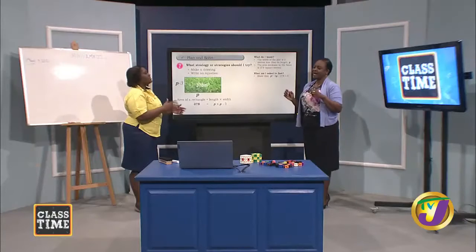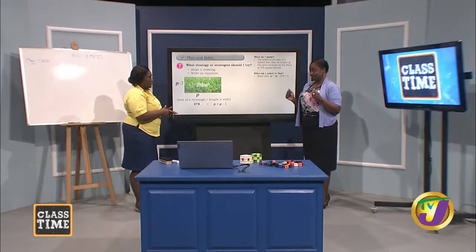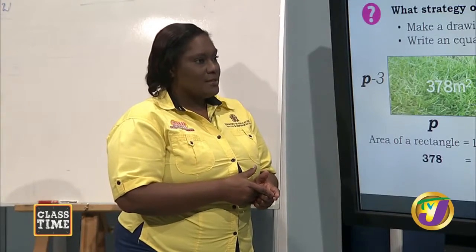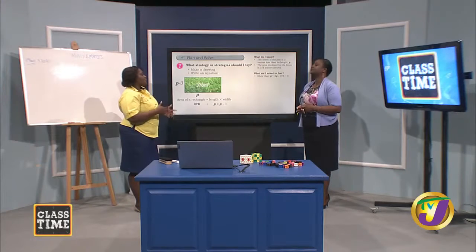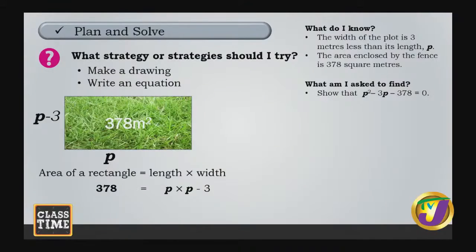So you would have used the drawing to summarize the question that you were given, to make it visible. All the information that you need in order to create this equation is embedded in the drawing. The area of the rectangle is 378 square meters, and to find area, we use the formula length multiplied by the width, which is shown here.